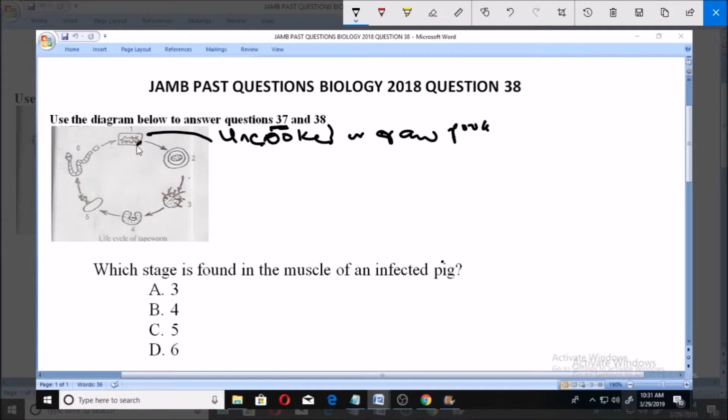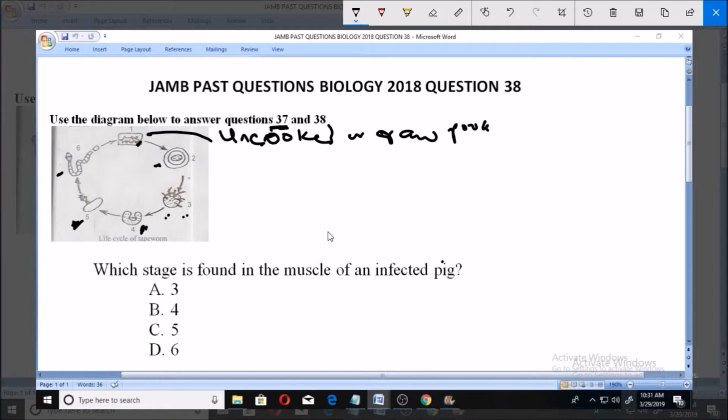Once you take it in, it gets attached to the walls, then down to where man starts getting infested, then it starts moving in the bloodstream to this point. So before you start getting infected, you're going to have it in the muscles and in other parts of the body. So here, which stage is found in the muscle of infected pig?